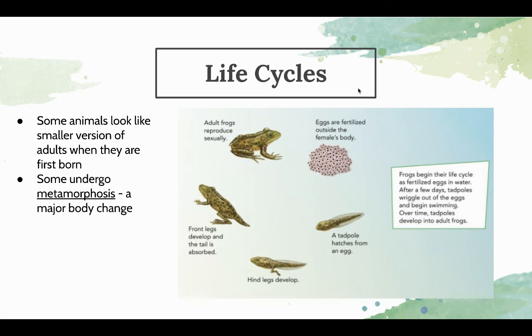Okay, so looking at this life cycle, frogs begin their life cycle as fertilized eggs in water. And then after a few days, tadpoles come out of the eggs and begin swimming. Over time, tadpoles develop into adult frogs. So a tadpole and an adult frog do not look the same. So you could say this frog went through metamorphosis.